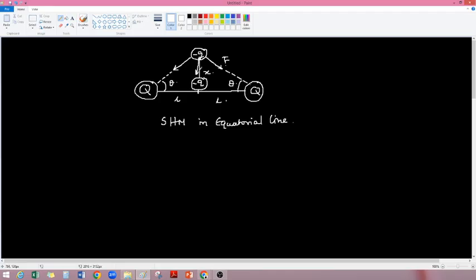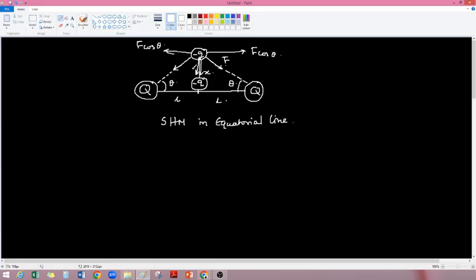So I can say f sine theta is going to act this way, f cos theta is going to act this way, right? So f cos theta is going to cancel out on both sides. So f sine theta will get added up.